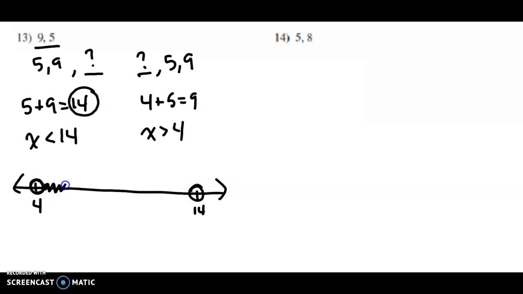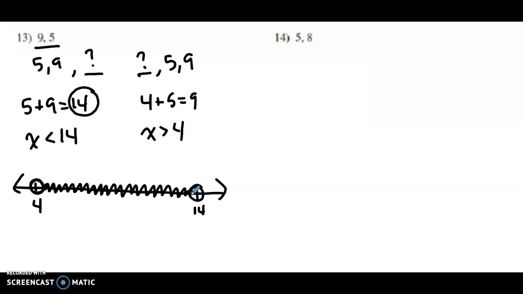But anything in between 4 and 14 would work. If we were talking about whole numbers only, 5, 6, 7, 8, 9, 10, 11, 12, and 13 would all be possible for the third side. Again, those are only whole numbers. Technically, 4.1 could work, or 4.01 could work, just like 13.8, 13.9, 13.95 would also work, okay?